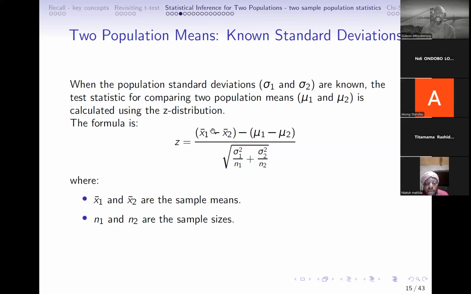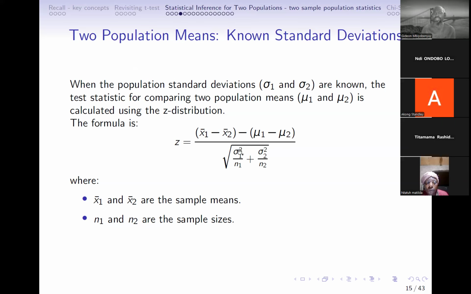Instead of x bar minus mu divided by sigma over the square root of n, we have x1 minus x2, the mean values in two samples from two populations, minus mu1 minus mu2, the mean values in the two populations, population 1 and population 2.